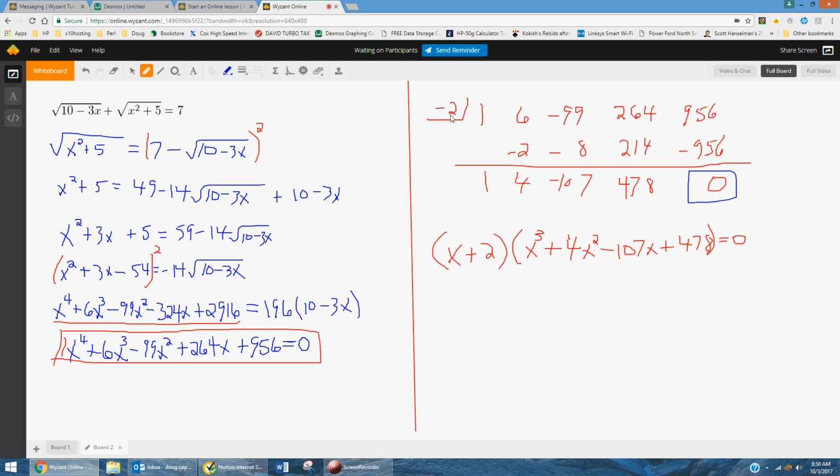That means -2 is a root, and that implies that x plus 2 is a factor. So I could rewrite this left side as x plus 2 times this mess right here. And where did that mess come from? It came from these coefficients right here.